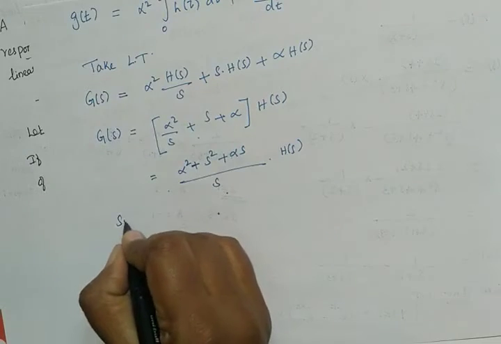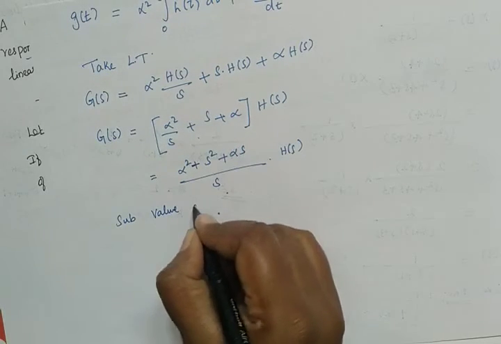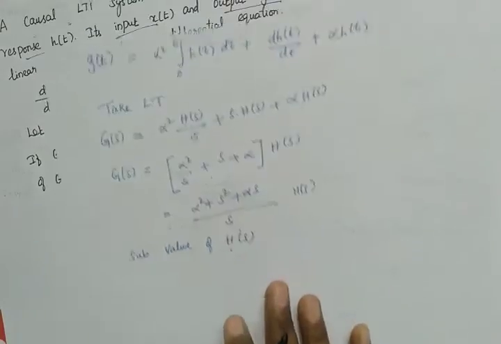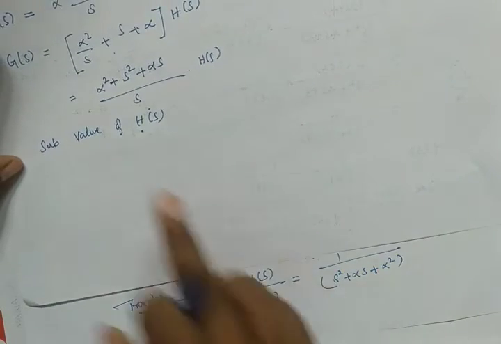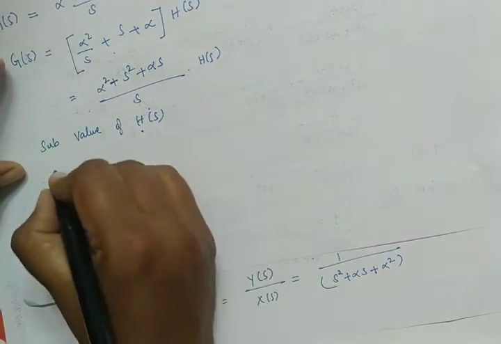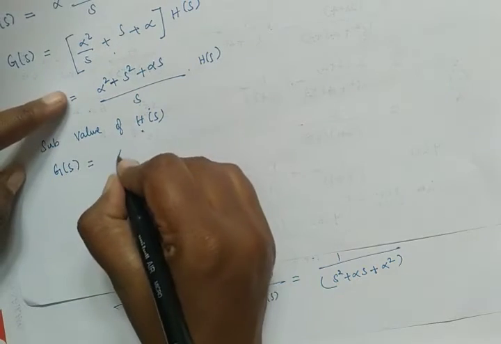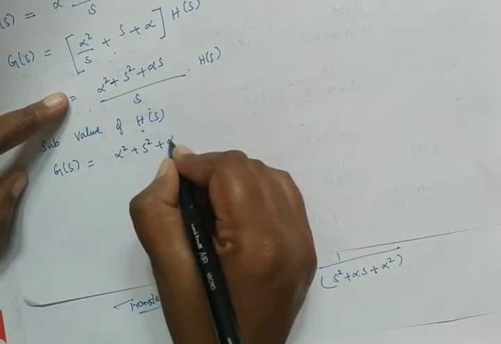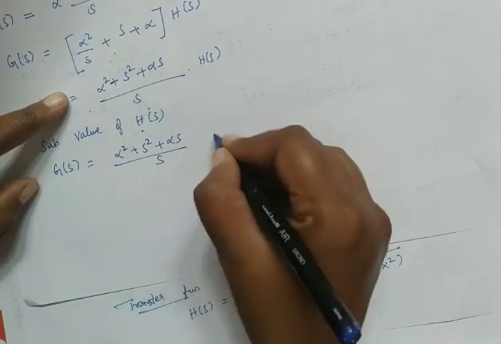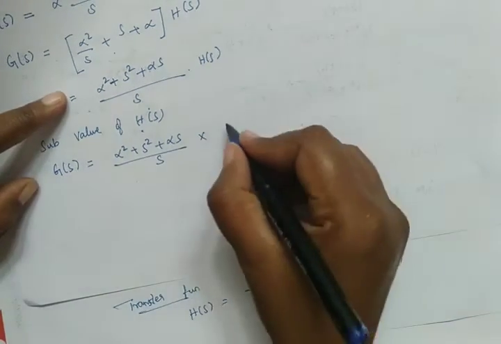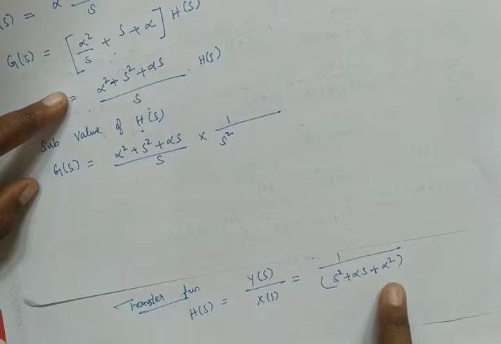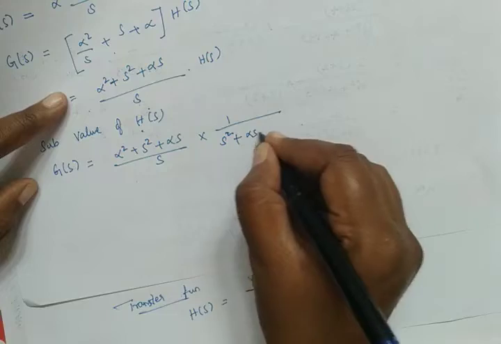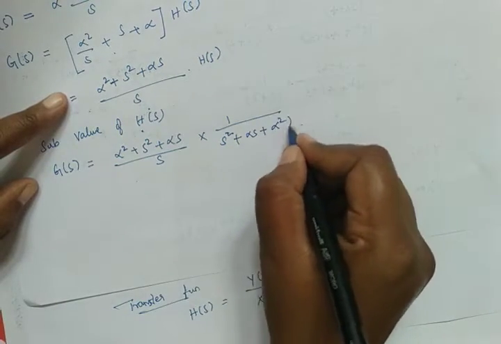Now substitute the value of H(s) that we found previously, which is 1 by s squared plus alpha s plus alpha squared. So G(s) is equal to alpha squared plus s squared plus alpha s, by s, into 1 by s squared plus alpha s plus alpha squared, isn't it?